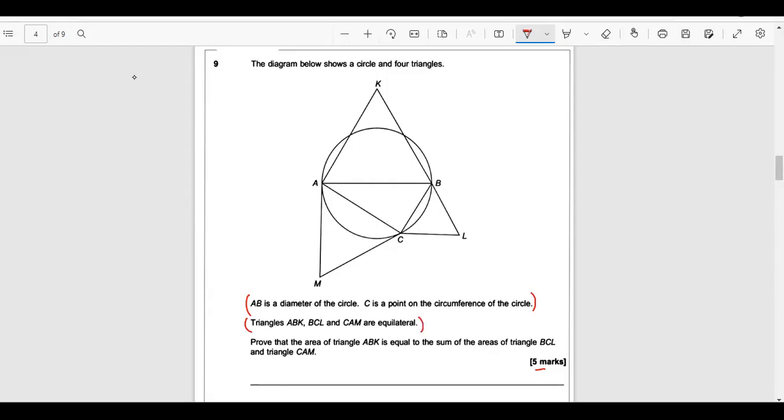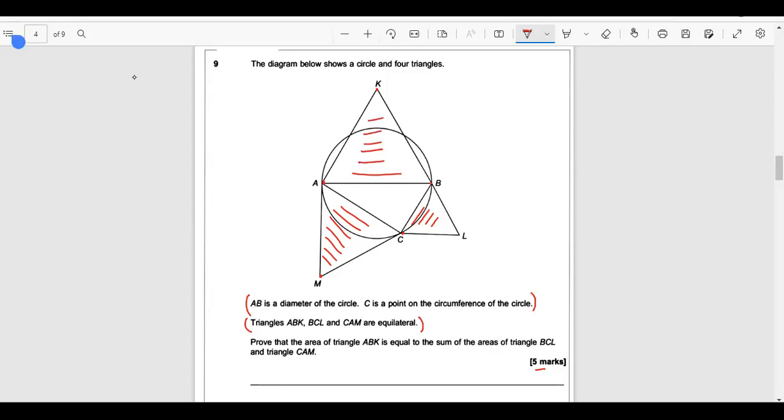Prove that the area of ABK is equal to the sum of the areas of the triangle BCL, so the small triangle, and CAM. So basically the sum of this triangle plus this triangle equals this triangle.